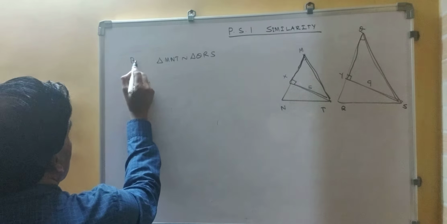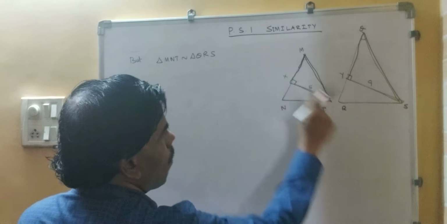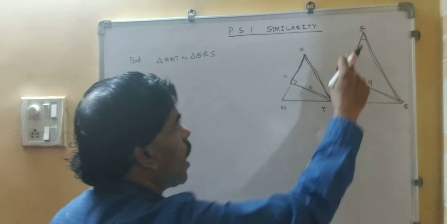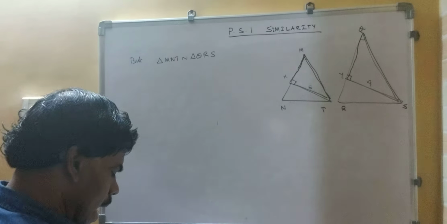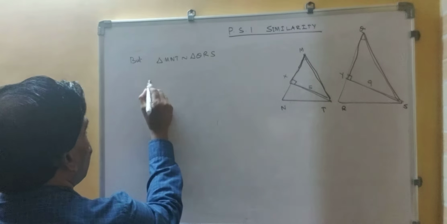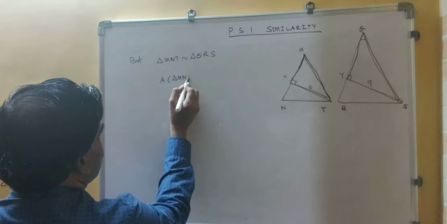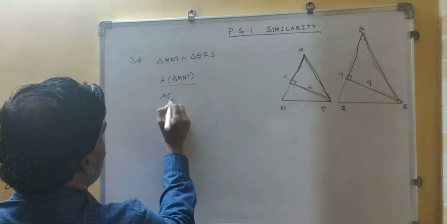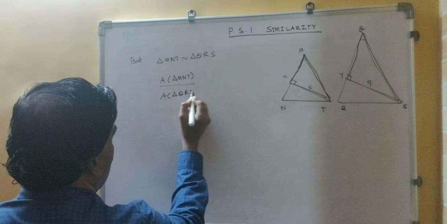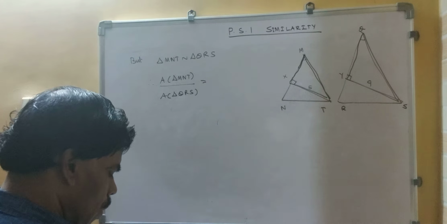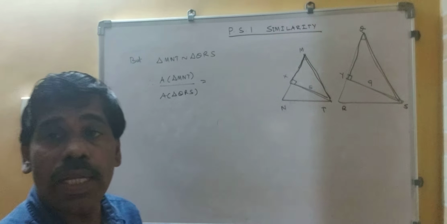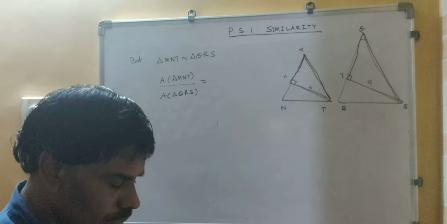Triangle MNT is similar to triangle QRS. Therefore, their areas, area of triangle MNT upon area of triangle QRS, is proportional to the squares of their corresponding sides. Which theorem?